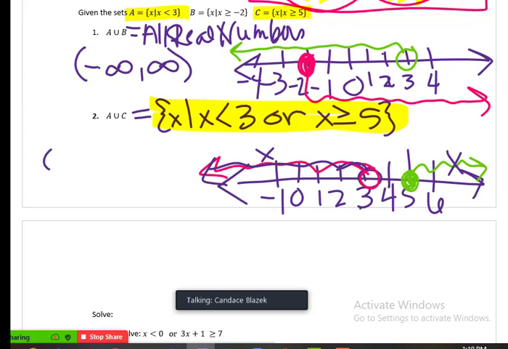We could say negative infinity to 3, not including 3, that parenthesis, and then we use the union symbol, the same symbol that was used for A union C. Then you'd start with the second line, the green line, and say I'm going to include 5, and I'm going to go to infinity. You can express the answer either way. The first way I expressed it is known as set notation, it's in yellow, and the second way would be interval notation.